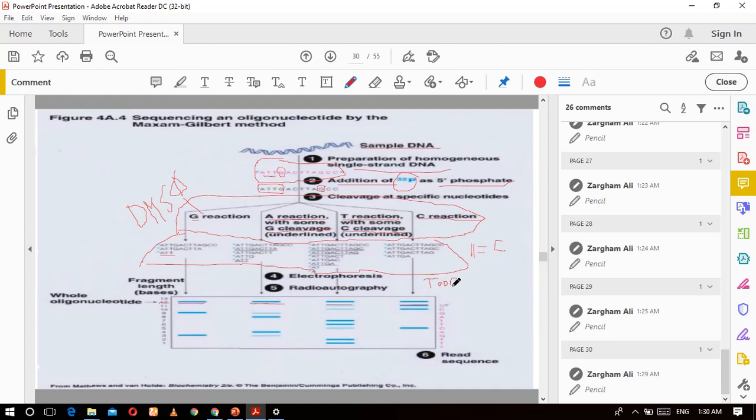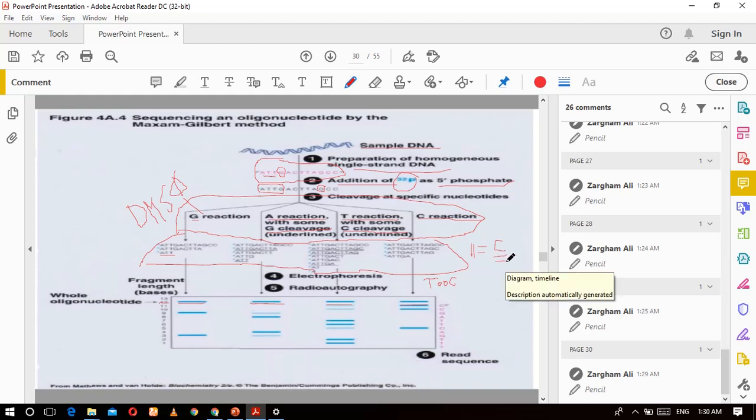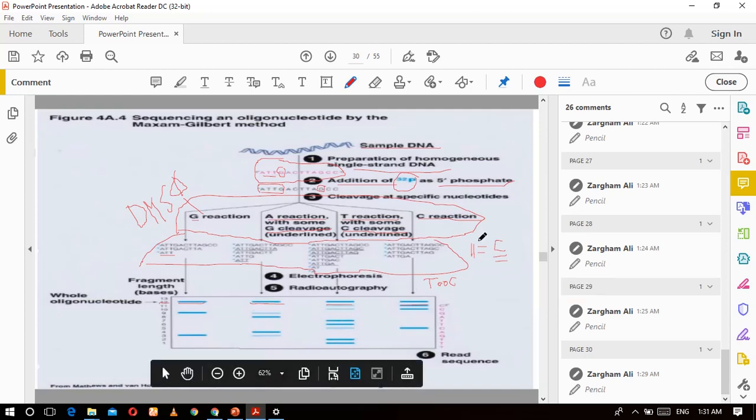What does this indicate? Look, it is not possible that we have a C and a T at the same place. So how can we find that this is a C?